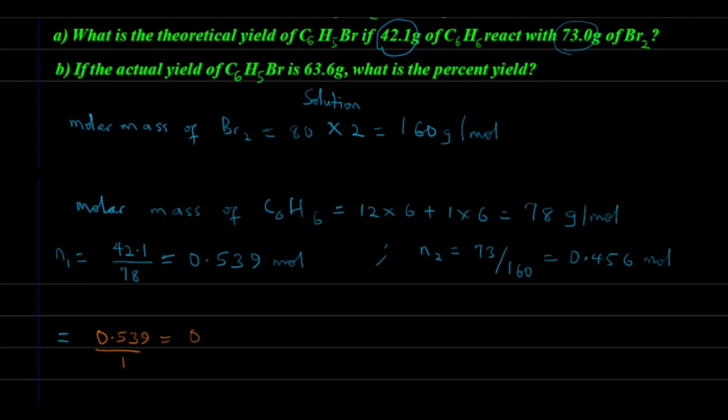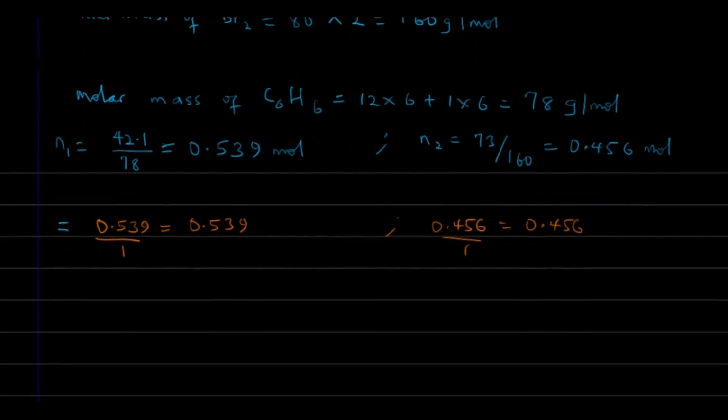That gives us 0.539, no unit since it is a mole ratio. Then for the second reactant, 0.456 divided by 1, and that gives us 0.456.